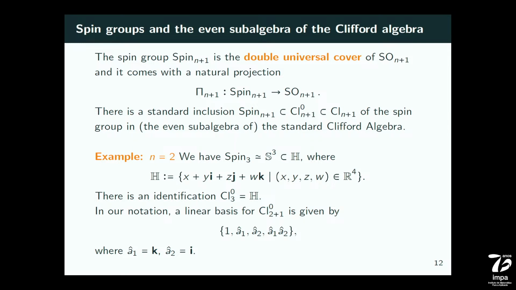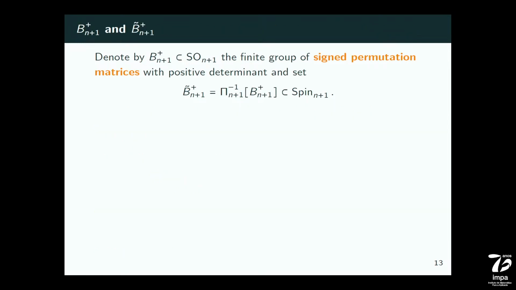And hat A1 is nothing else than K, and hat A2 is nothing else than I. Okay, just to remember that you're going to use this hat notation for this. And so these two groups, B n plus 1 plus and B n plus 1 plus tilde, are very important here because they will give a stratification of the spin group and the orthogonal group.